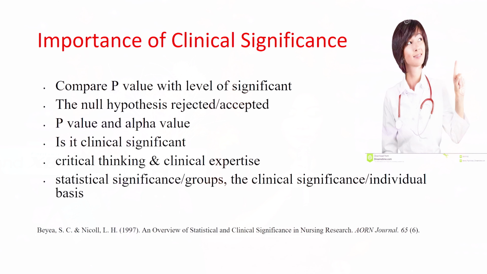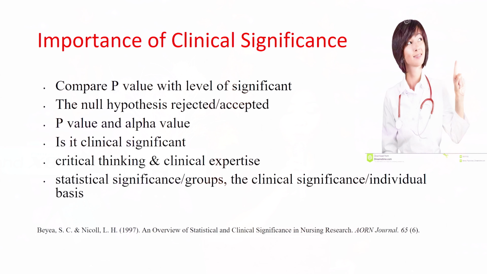No matter the statistical conclusion of any study, the readers have to determine whether or not that information has clinical or practical significance. The target audiences can evaluate whether a particular study's results have clinical significance by the use of critical thinking as well as the clinical expertise.